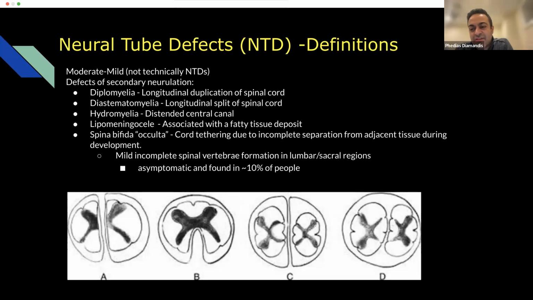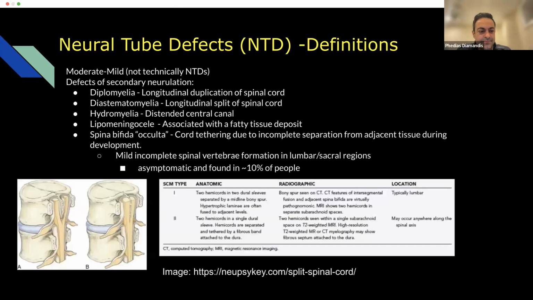You could have cord tethering, and it could lead to a lot of these variants seen in the lower part of the spinal cord. Again, these can be very mild, and one book I read says, it seems high, but 10% of people may have these defects, though they're fairly mild and asymptomatic. Why are there so many variants?